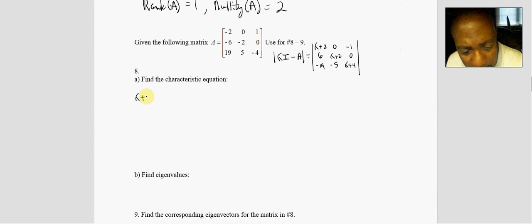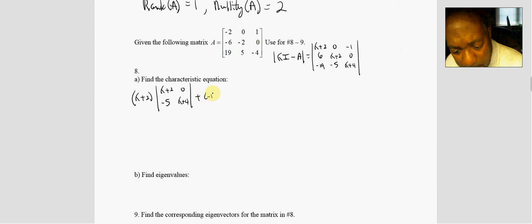So that's lambda plus 2 times the determinant of the submatrix found by deleting the first row and first column. So it's lambda plus 2 times lambda. I better write it all in there. Hopefully my space would be okay. And then this is plus, then you go to that -1 times the matrix of its determinant, which is delete this row and column.